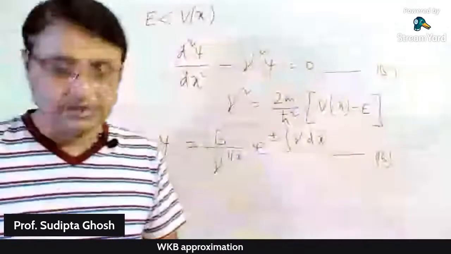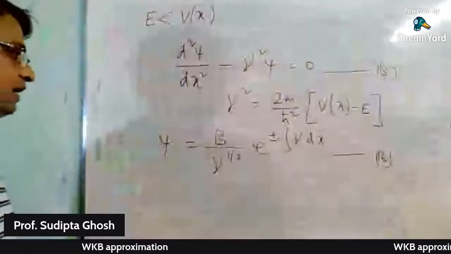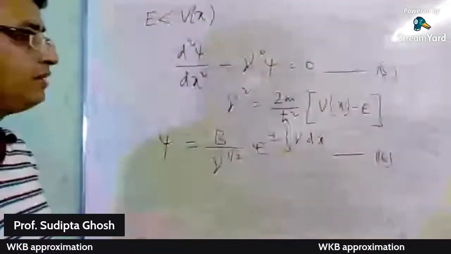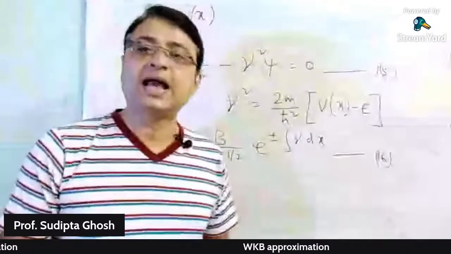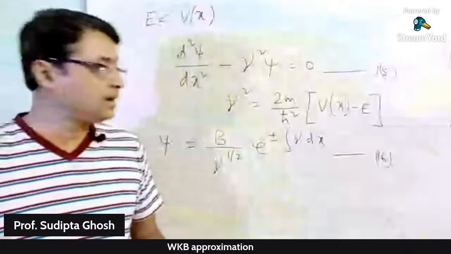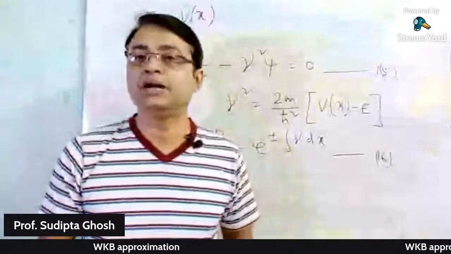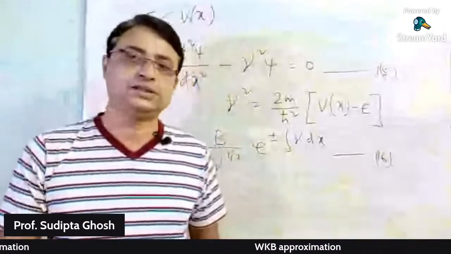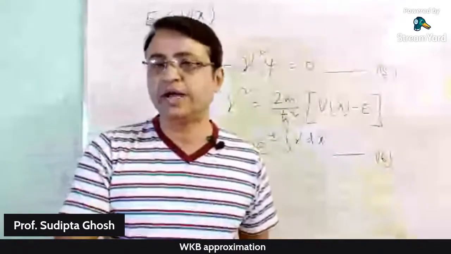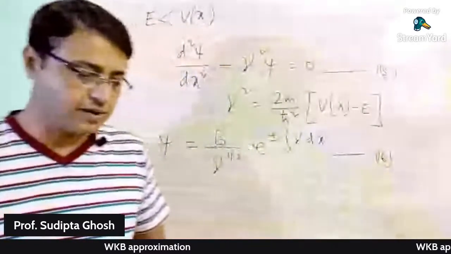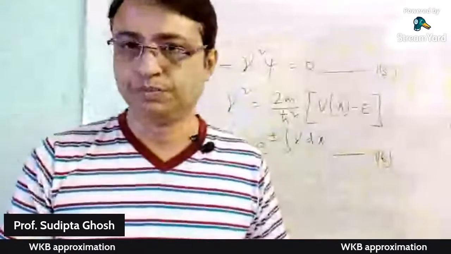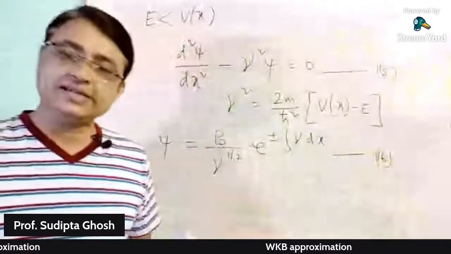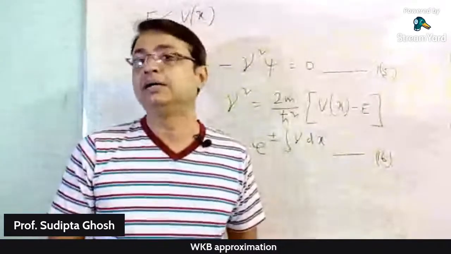Now if E nearly equals V(x), you can find from the value of k squared as well as the value of gamma squared that whenever E nearly equals V(x), both of these terms, k squared as well as gamma squared, tend to 0. So that means k and gamma tend to 0.